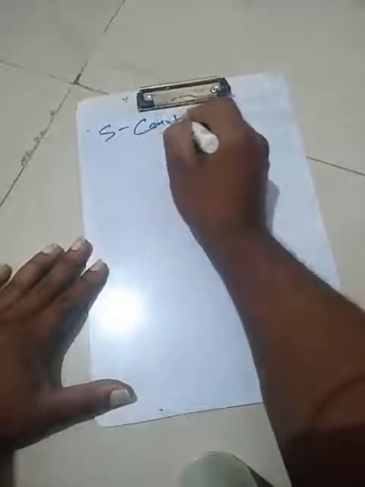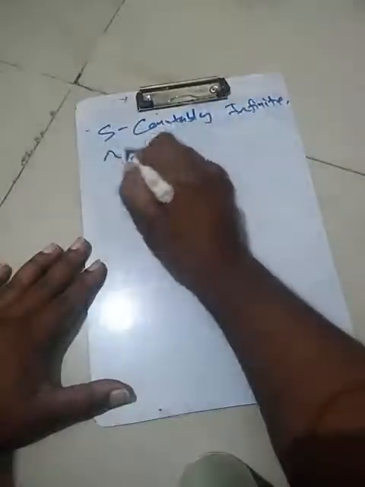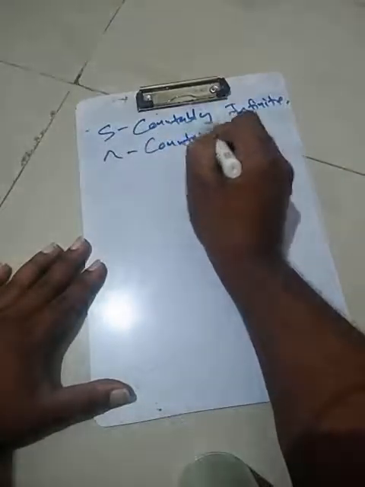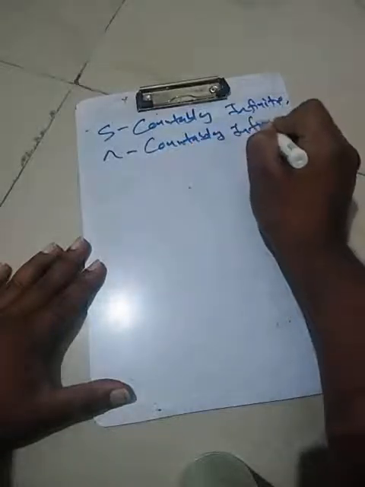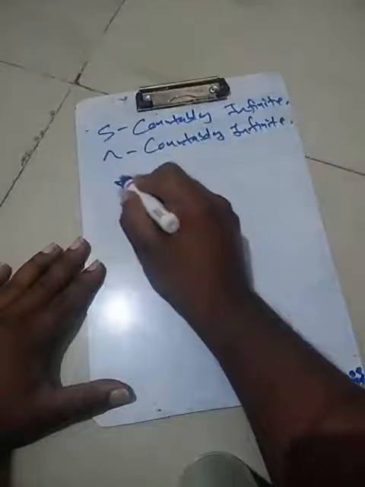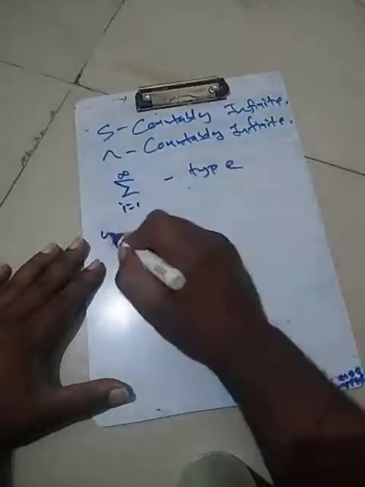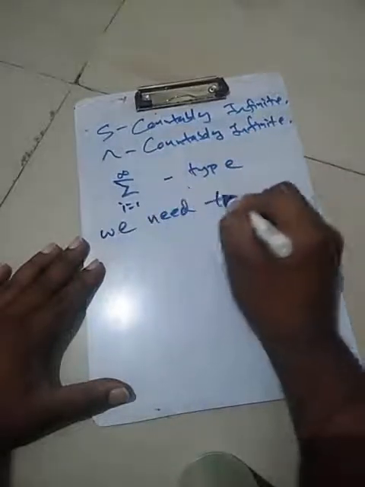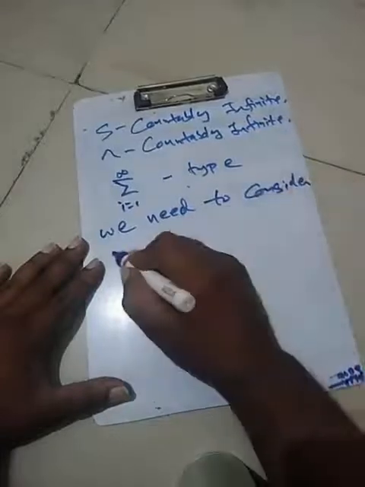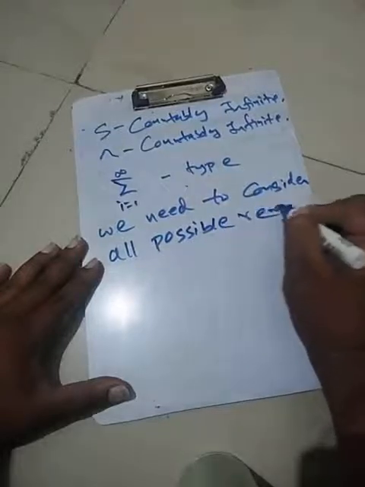If S is countably infinite, then our lambda set is countably infinite, and this summation would be with i going from 1 to infinity. We need to consider all possible rearrangements.